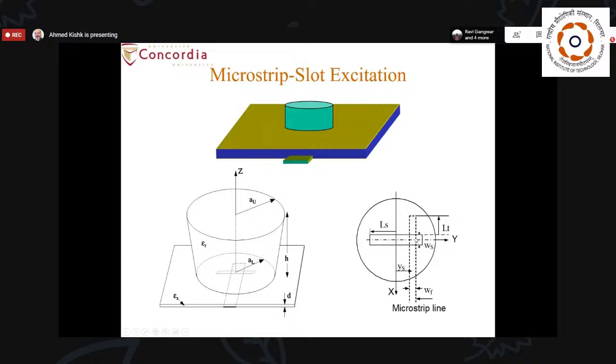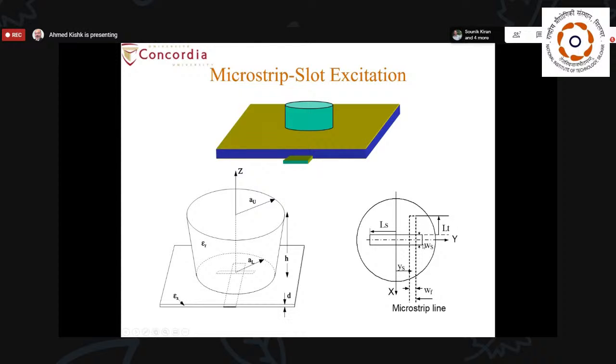It could be off the center of the slot. And that means this is a parameter to control the bandwidth, because if this is lambda over 2, the field distribution on the slot will be almost the same regardless of where the microstrip line is. And you have the stub.